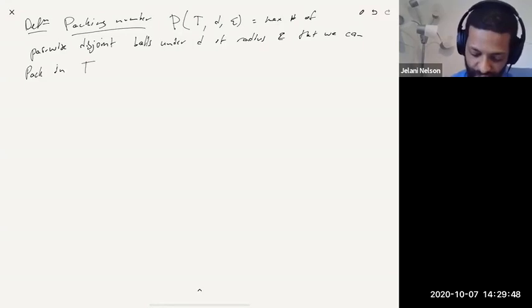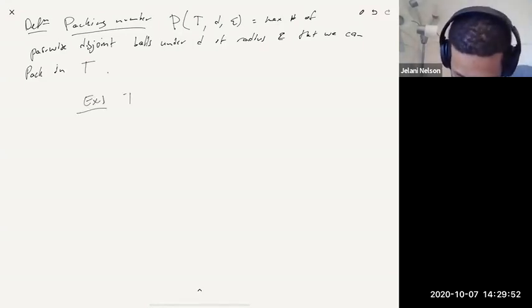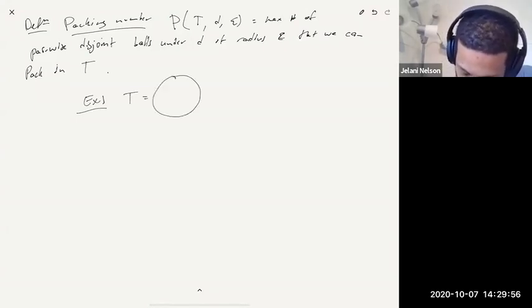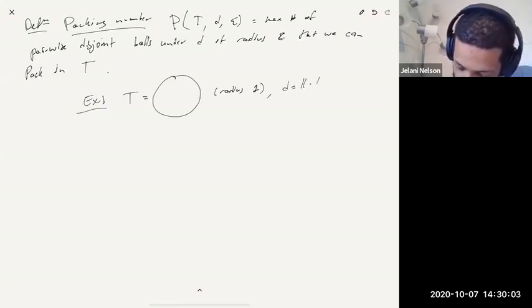So for example, imagine that T is the circle of radius 1, and D is also Euclidean, and epsilon is some small thing.